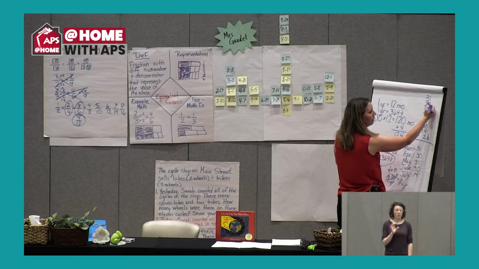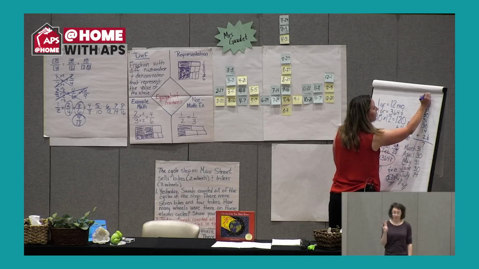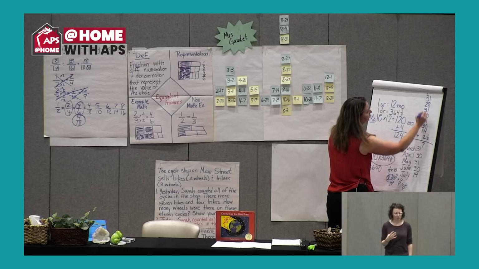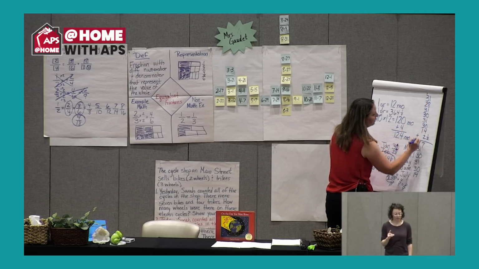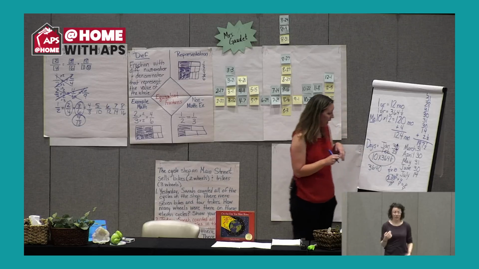So 8, 9, 10, 11, 12, 13, 14, 15, 16, 17. 1, 2, 3, 4, 5. That's 15, 16, 17, 18, 19 and a half. So I have 197 and a half.